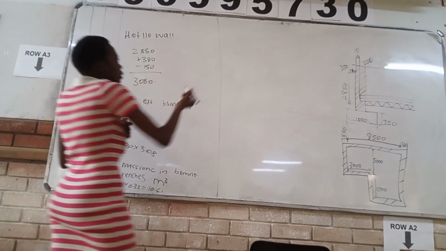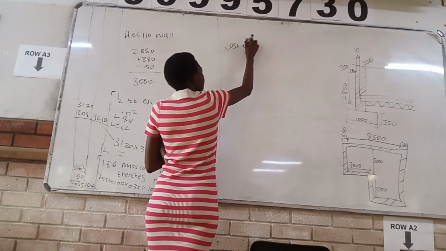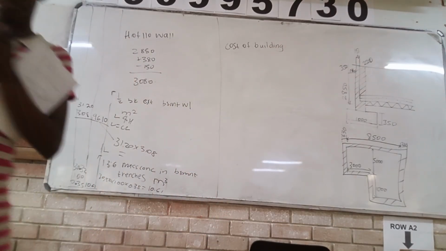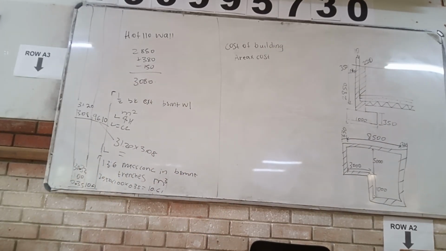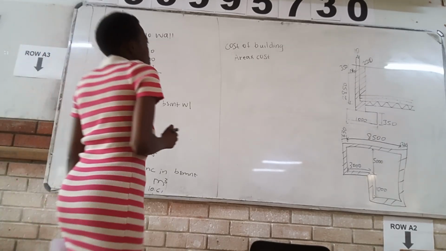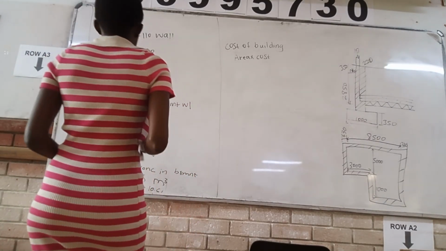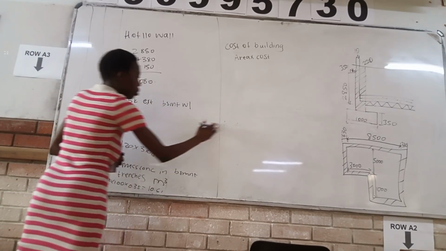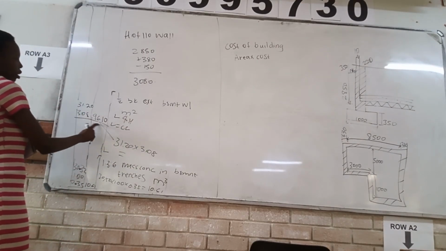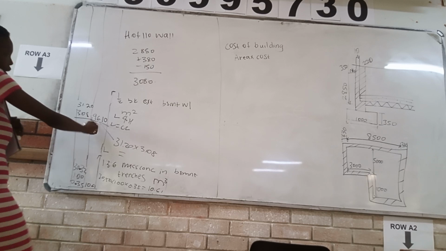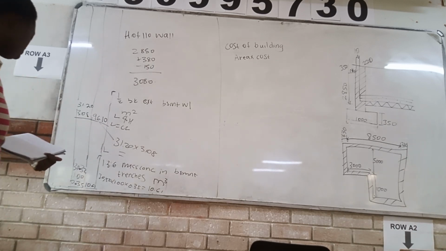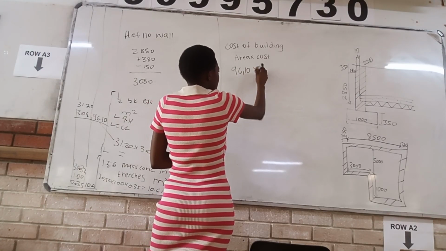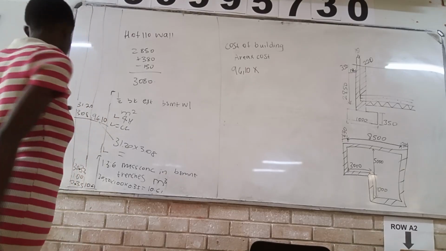So the cost of the building is area times cost. Again, the formula for area is length times breadth. We calculated the brickwork, so we return to this number that we got here, which is 96,10. That is our area, and then what is our cost? They gave it to us as 335.